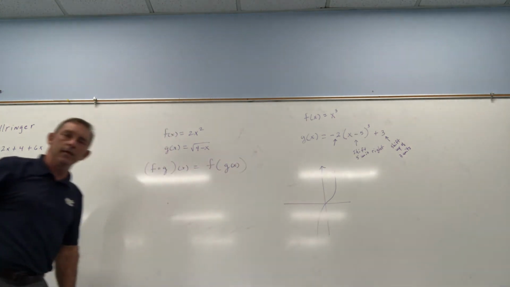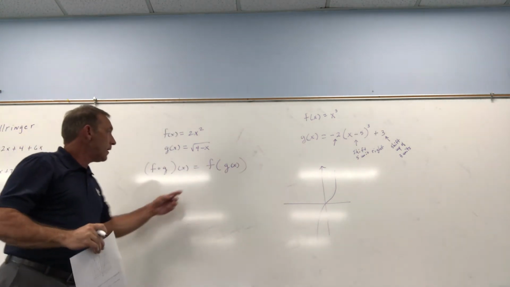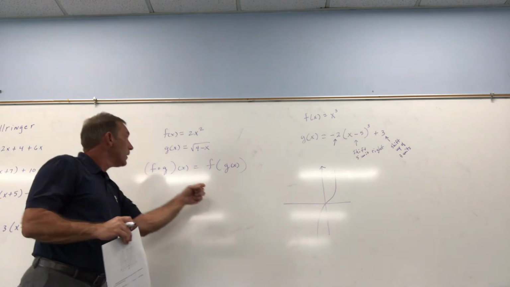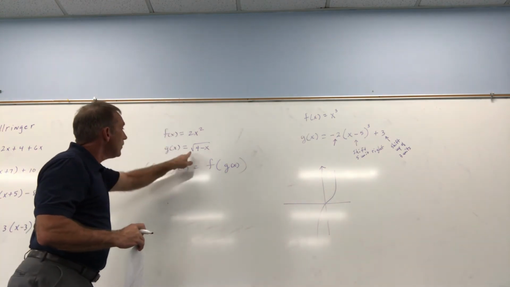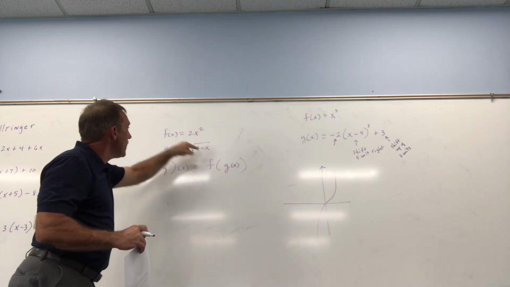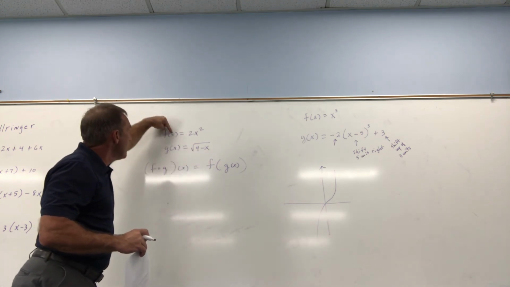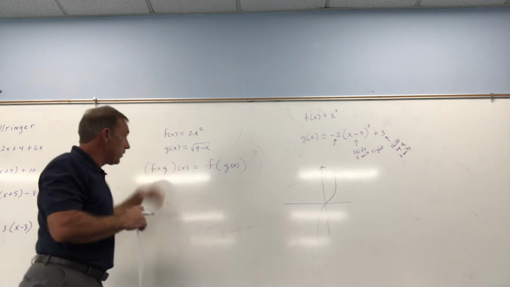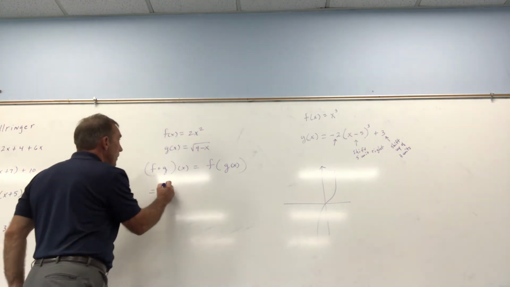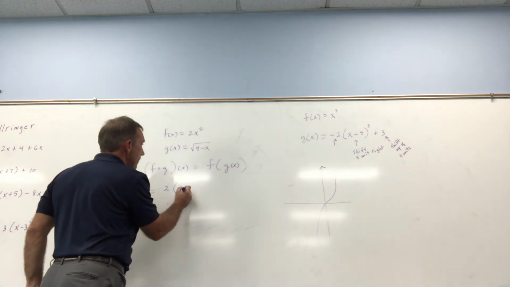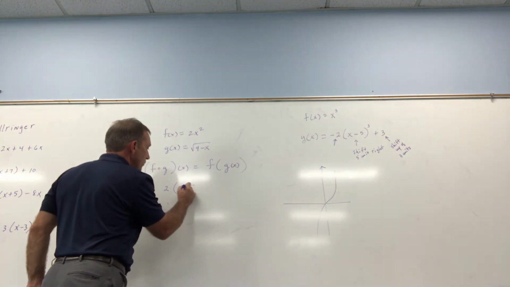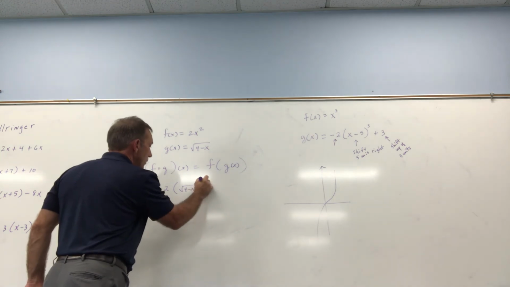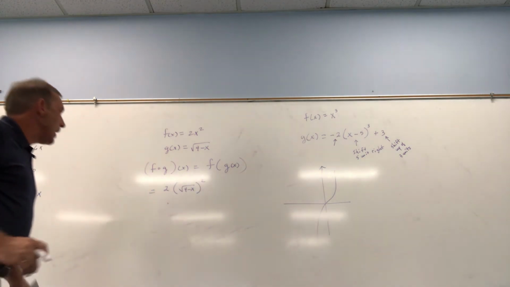We're going to input g of x into f. So the square root of 4 minus x is going to go in here. So it's going to be 2 times the square root of 4 minus x, squared. So we're going to get that.